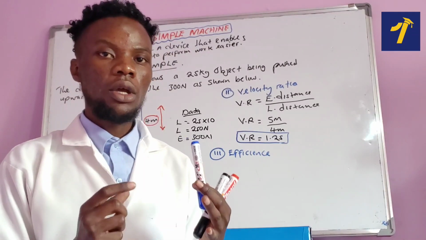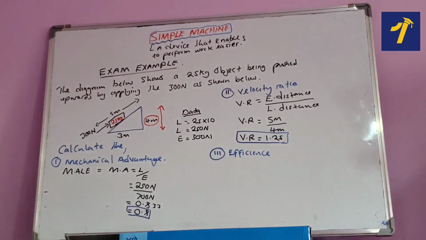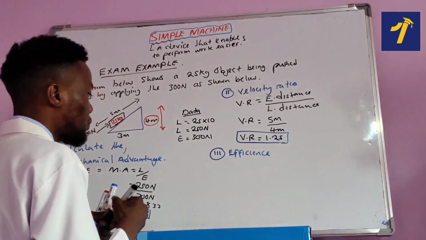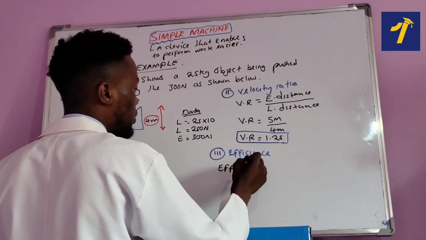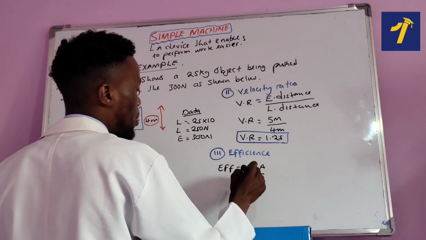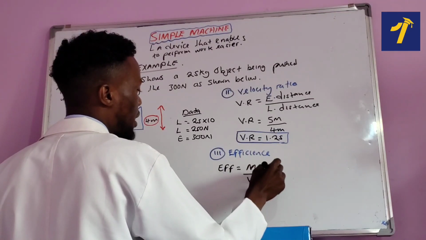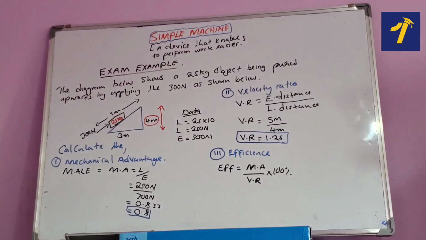So make sure that you practice on how you can be remembering formulas. If you remember, we said efficiency is equal to mechanical advantage divided by velocity ratio, multiplied by 100%. This is the formula for the efficiency.